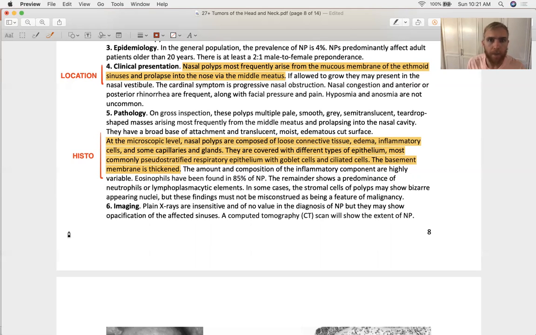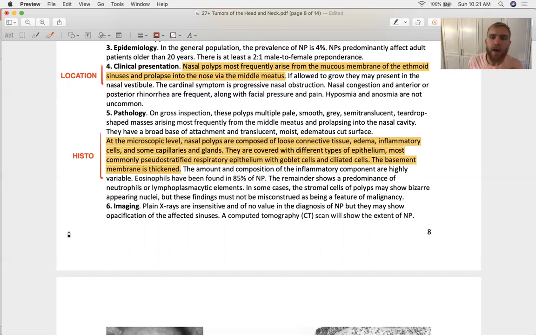And so these polyps start in the ethmoid sinus, which is in your ethmoid bone, which is a midline structure, and it's going to be right behind your nasal bones and right behind your frontal bones there. And the ethmoid sinuses, there's one on each side, and remember, they're on the medial inferior surface of that orbital cavity.